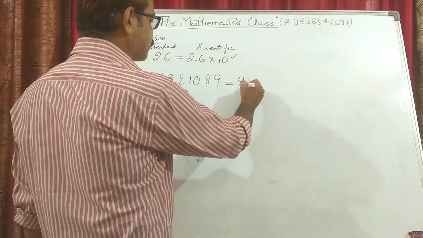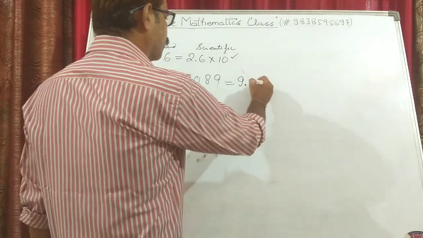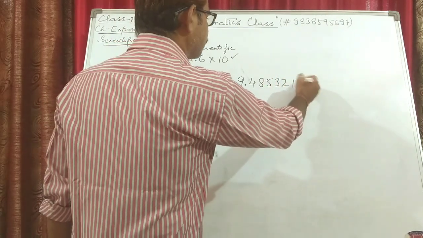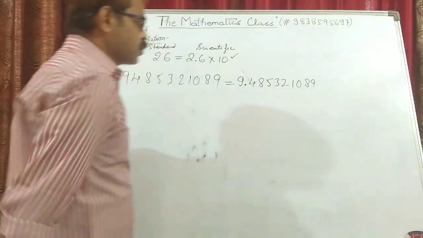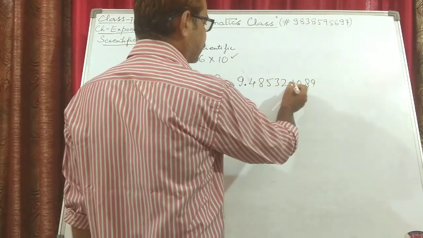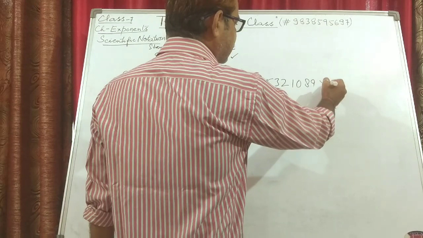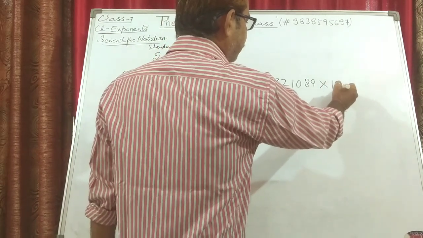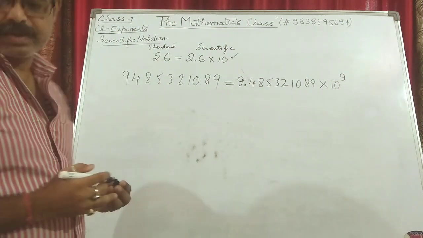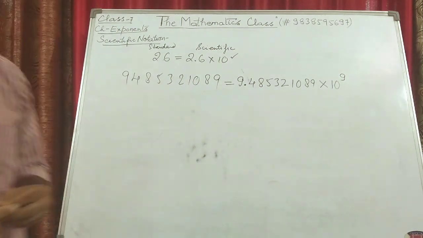Then you place a decimal point. Now 4, 8, 5, 3, 2, 1, 0, 8, 9. So how many digits have you moved the decimal? 1, 2, 3, 4, 5, 6, 7, 8, 9. It means this can be written as into 10 to the power 9. This is the scientific notation.